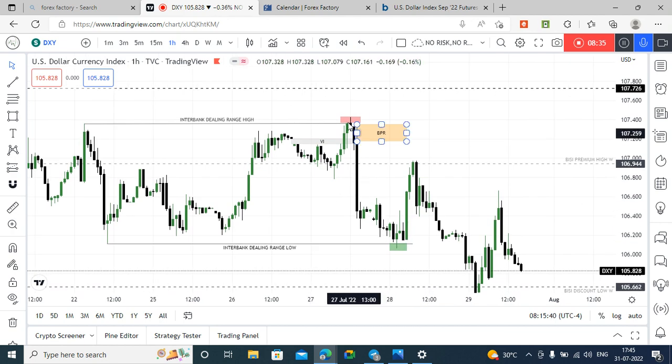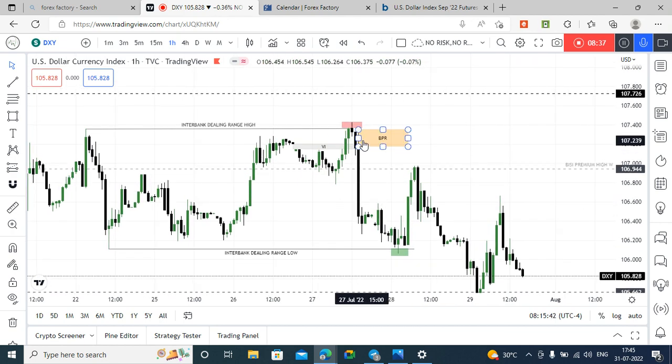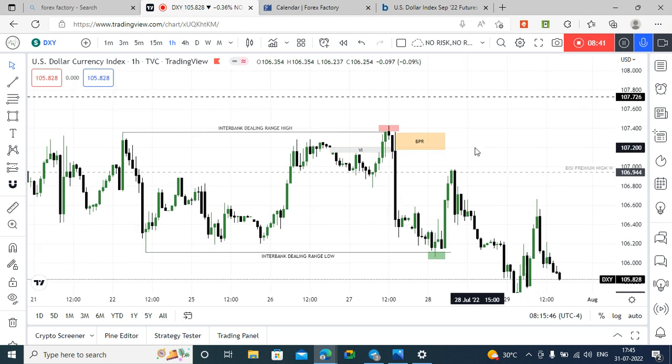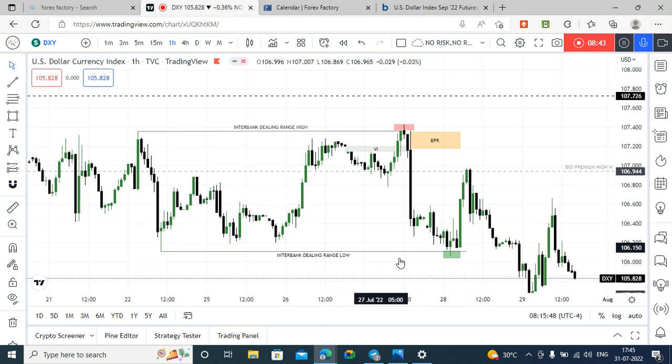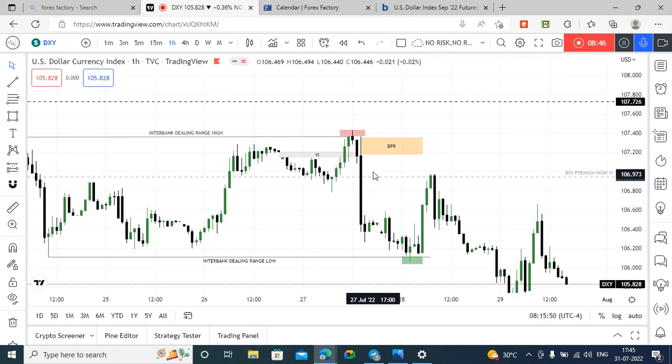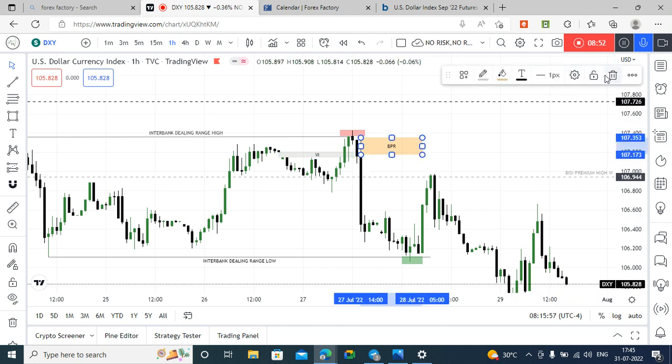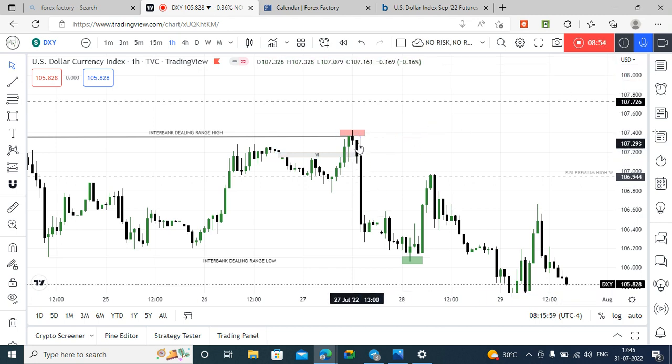And after this level happened, you can see what is BPR range, that is balance price range, okay. I call this why, forget this long title, okay. Now you have to see this one black candle, okay.